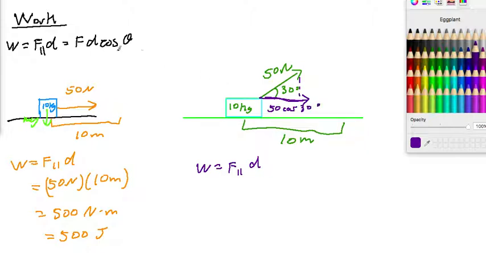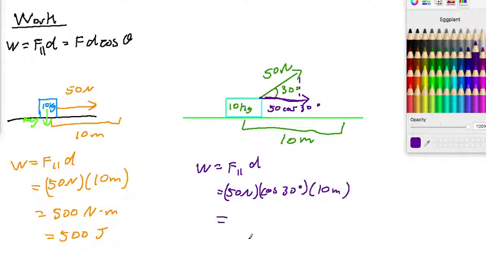That's where the cosine comes from, because it's a vector breakdown. So this turns out to be 50 newtons times cosine 30 degrees, times your distance traveled, which is 10 meters.